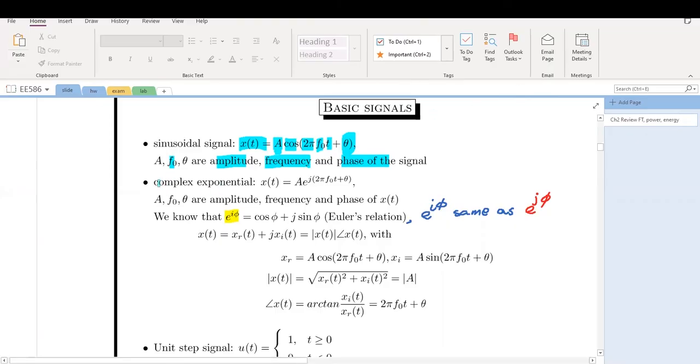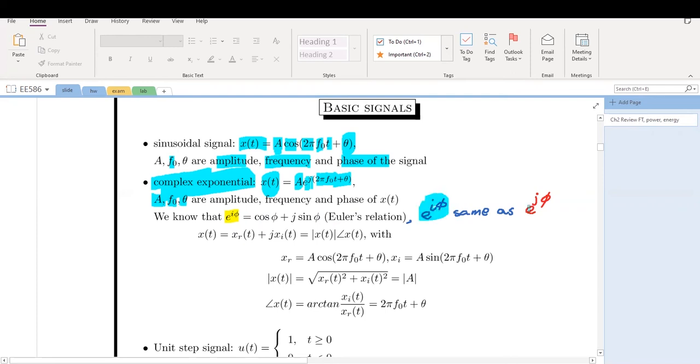The next signal we use a lot in communication systems is the complex exponential. So x(t) equals A e to the power j(2 pi f naught t plus theta). A, f naught, and theta have the same definitions as for the cosine signal. Using Euler's formula, e to the power j phi or e to the power i phi, they are the same.